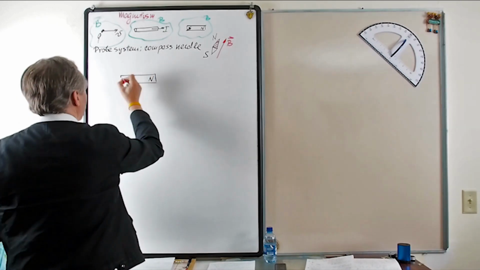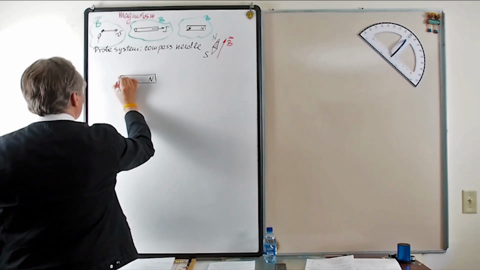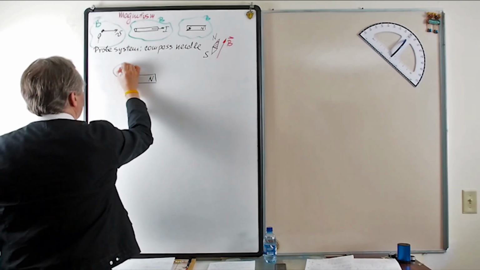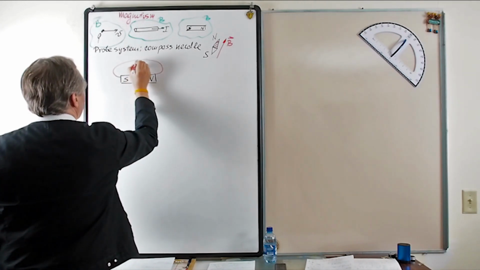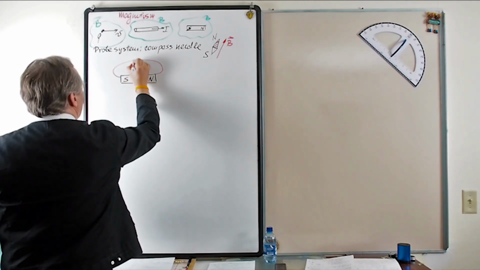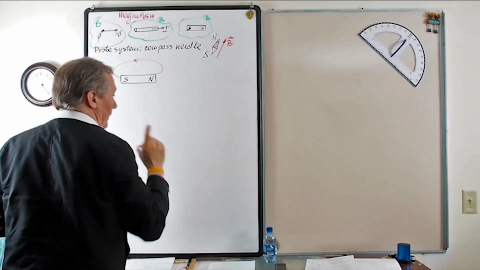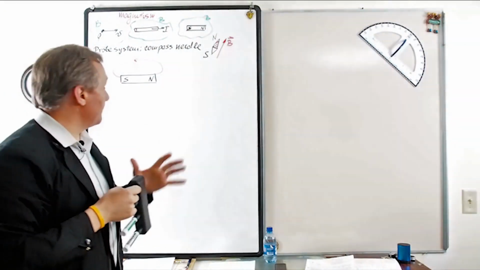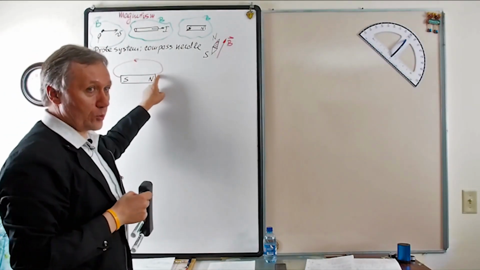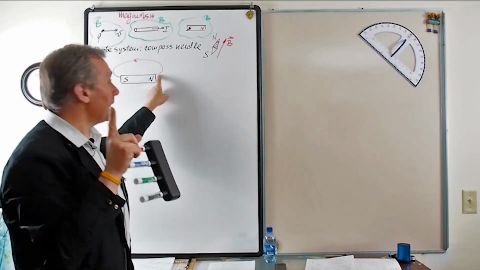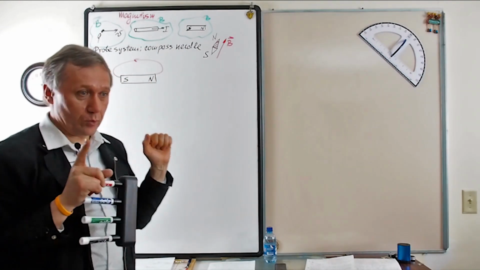Let's assume that you mapped it, and you will find that magnetic fields in this case will look like this, right? And it looks like they start from the North Pole, it looks like, and end on the South Pole.